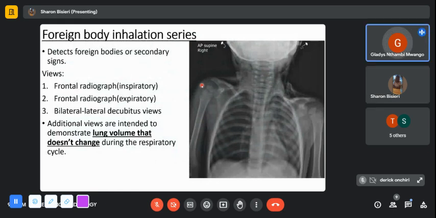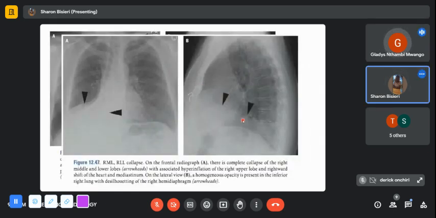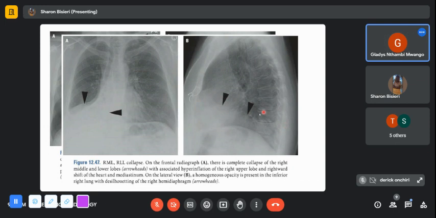Well, how do you know that the problem is on the right side in that lateral view? Yes, I know it's on the right side because the opacified region within the lung, we can see that opacity going over the lung anteriorly. So it's not silhouetted. It is a hemidiaphragm that is silhouetted.